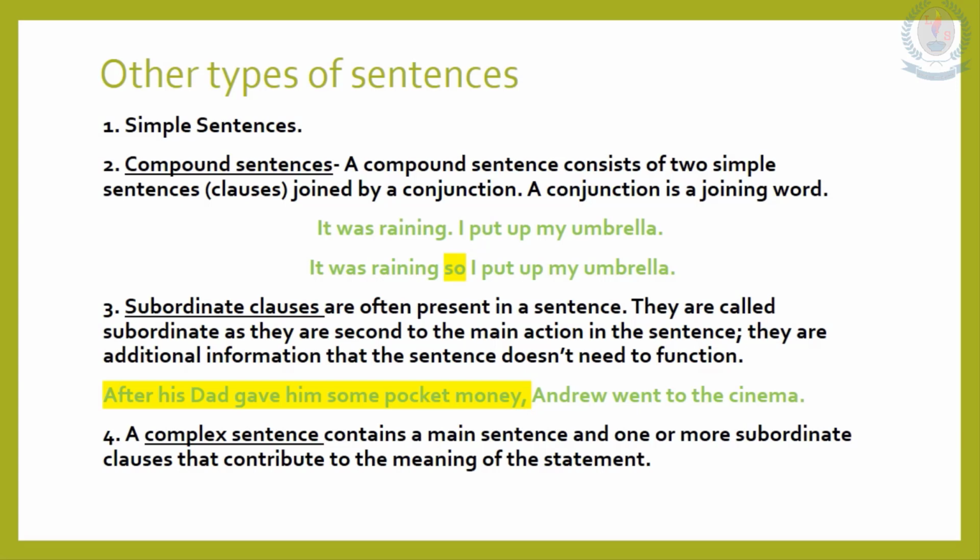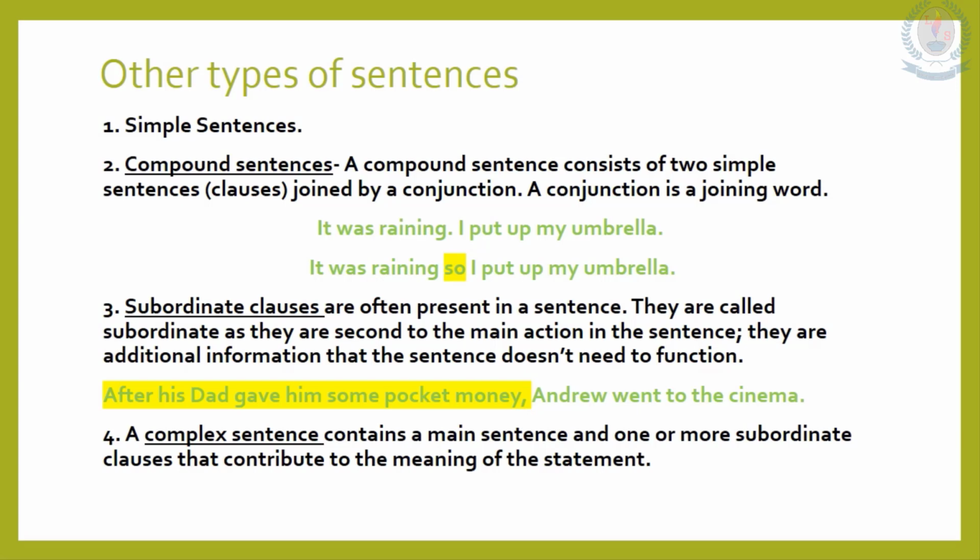Subordinate clauses are often present in a sentence. They are called subordinates because they are second to the main action, right? So, after his dad gave him some pocket money, Andrew went to the cinema. What is the main sentence? Andrew went to the cinema. That can stand on its own as a simple sentence.